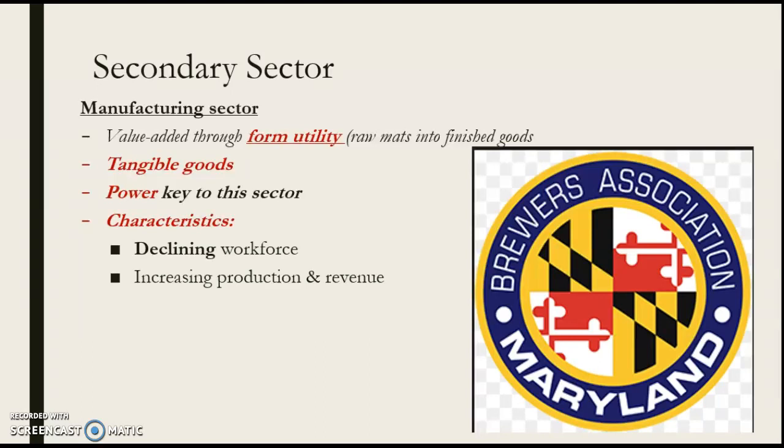So while our workforce is declining, the amount of money coming in is actually increasing. And we're seeing the increased use of high tech. So our production facilities are becoming more automated, more efficient, more profitable, but they're also relying less and less on humans to supply some labor.